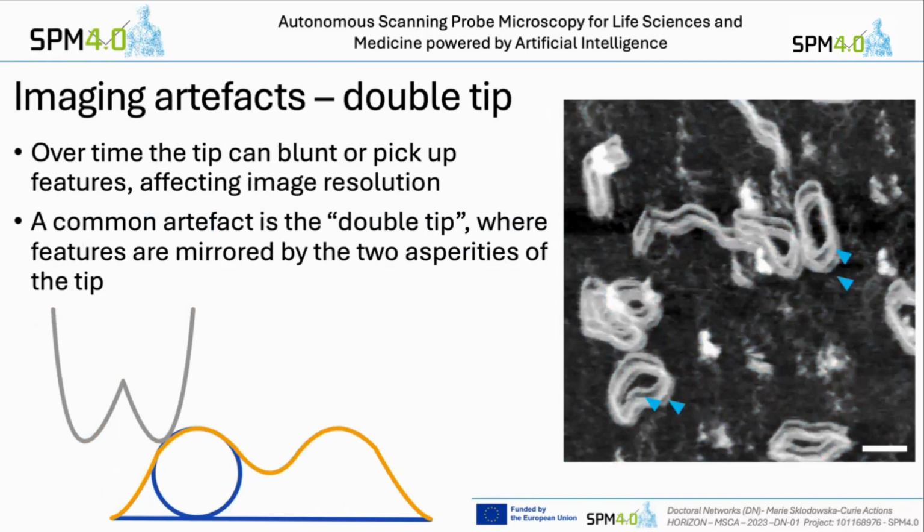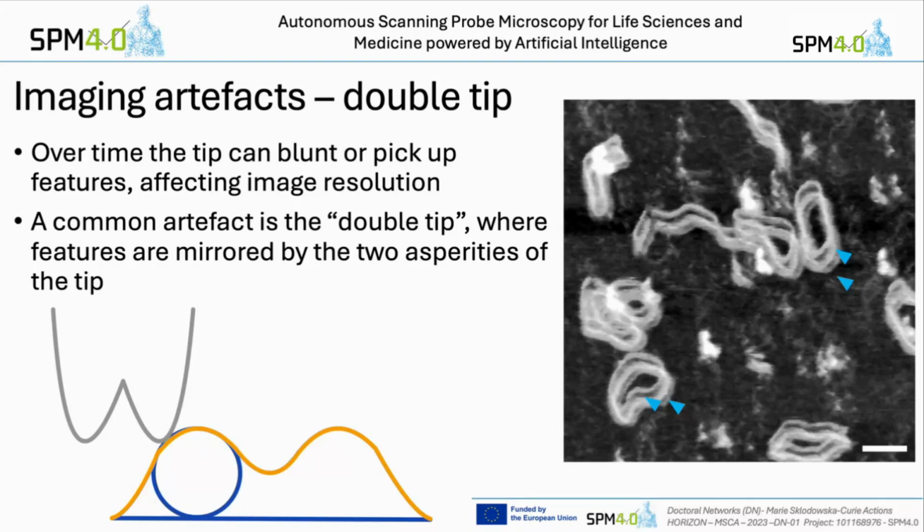And this probably is the biggest bane of most AFM, especially when you're doing high resolution single molecule AFM: a double tip. It occurs when either the very sharp end of the cantilever can split slightly, and you get essentially two cantilevers like this, or you get something attached to the side of your cantilever, so you have a blob on the side of your sharp cantilever.